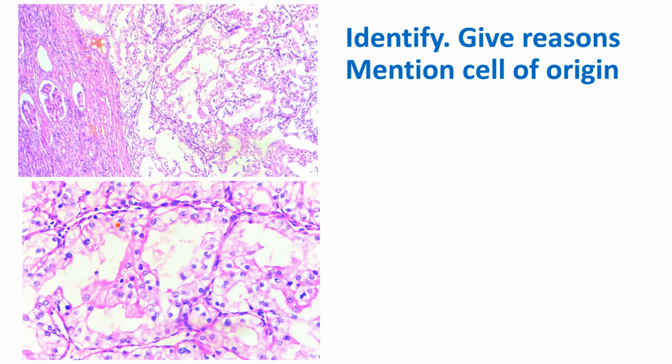The nucleus doesn't show much of pleomorphism, and the arrangement is papillary and tubular and trabecular. And the stroma is composed of vascularized fibrous septi forming lobules.